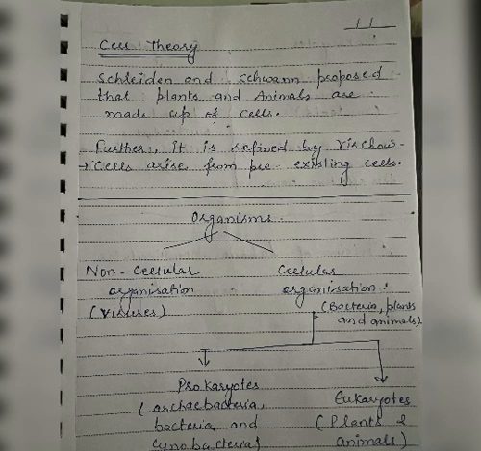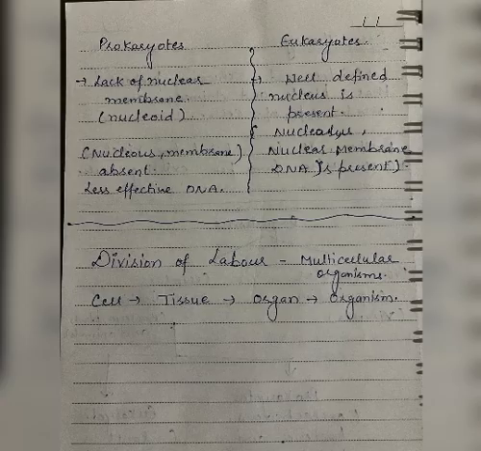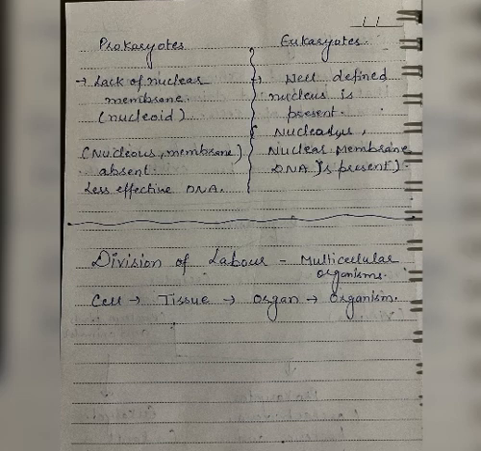Now, what are these prokaryotes and eukaryotes? Prokaryotes are cells which are very small in size, and eukaryotes are cells which are very large in size. How are they different from each other? In prokaryotic cells, no well-defined nucleus is present. The nuclear membrane of the nucleus is absent, which is why it is known as the nucleoid.